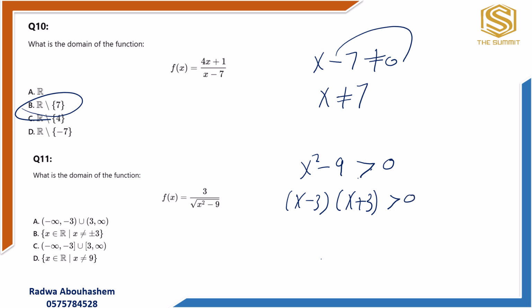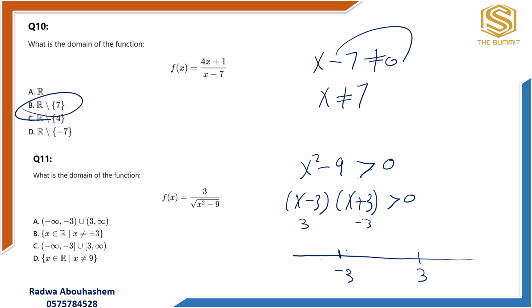But here I have two values for x, so I have to check my interval. I'm going to do a simple line here. So x may be 3, and x may be negative 3, right? So here negative 3, here is 3. We call that checking interval.